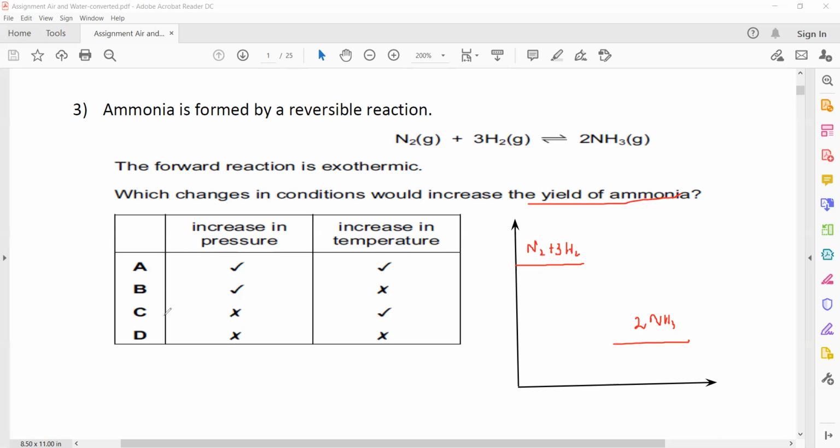Yeah, B is the right answer. Temperature, because if you increase temperature, the equilibrium shifts toward the left-hand side. But about pressure, you have 4 moles of gas on one side and 2 moles on the other, so the equilibrium shifts towards the right-hand side.